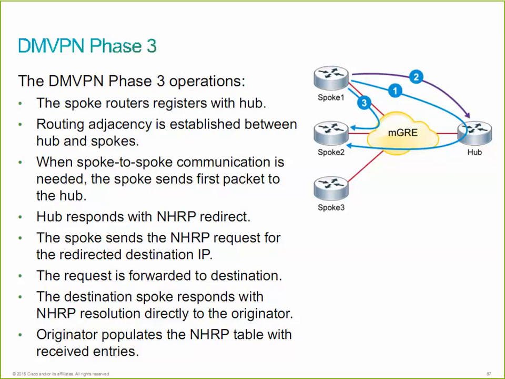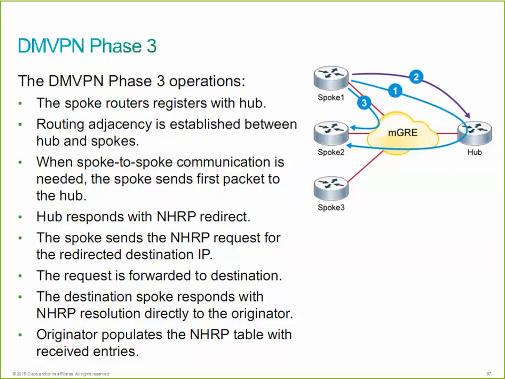In DMVPN Phase 3, it's a very, very similar concept. When a spoke router wants to send an IP packet to another spoke router, the first packet gets sent to the hub. Because the hub is summarizing these routes, and it could be a /16 for my entire DMVPN network or whatever, that initial packet doesn't know how to reach the actual spoke destination.